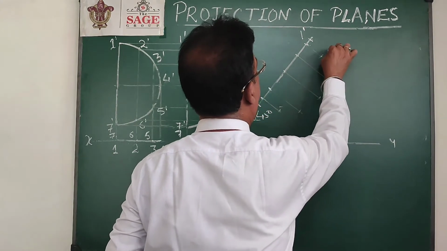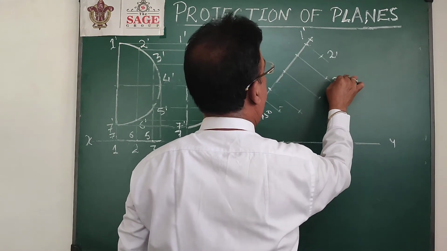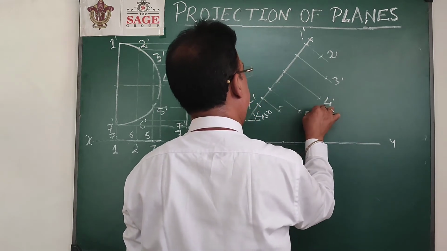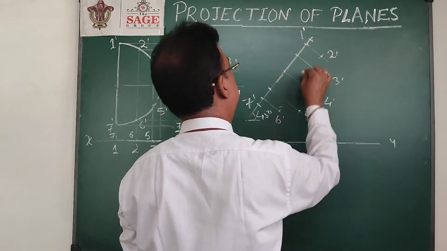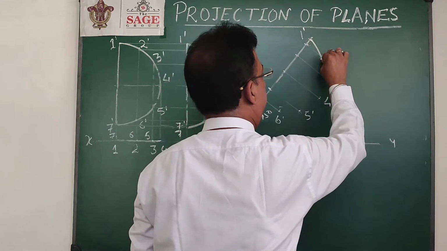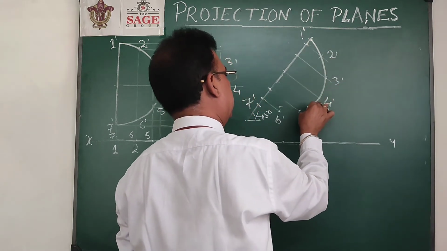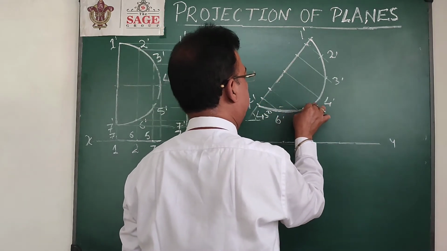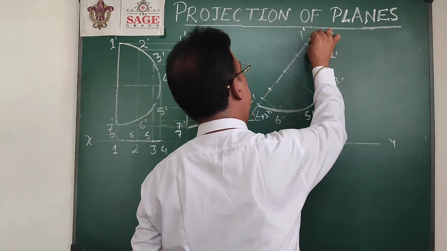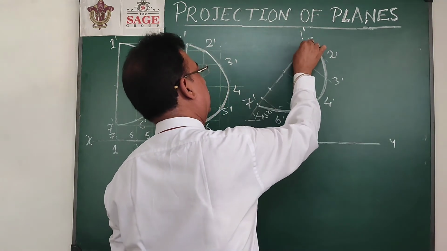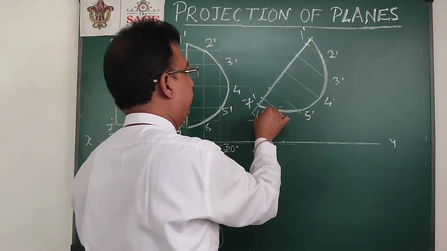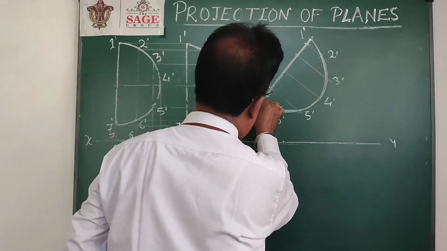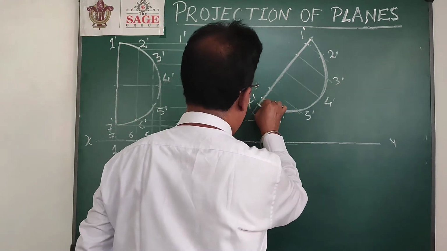This is 1 dash, 2 dash, 3 dash, 4 dash, 5 dash, 6 dash. Join these points like this. You will get the required figure. So now the edge of the plane will be inclined to VP by some angle, 45 degree.